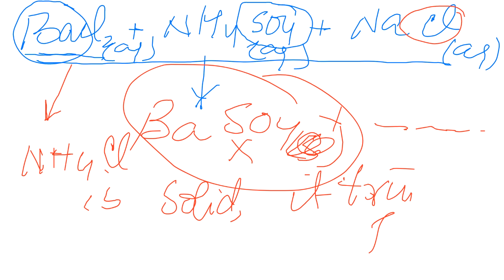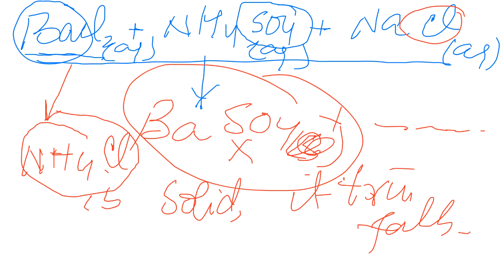Tell me now. If I write in this question, ammonium chloride is solid. False. Ammonium compounds are soluble, so it is false, because whenever ammonium is there, it is automatically soluble. So that cannot be possible as a solid. So this type of question you will see in the exam.